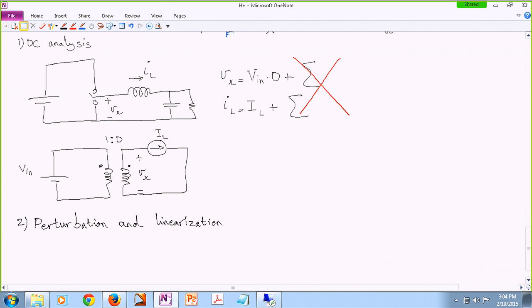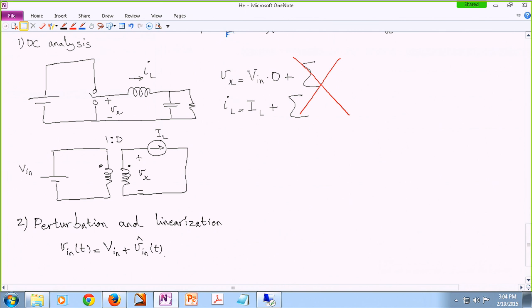Perturbation is assuming that, for instance, my input voltage is a DC signal plus some small signal variations.